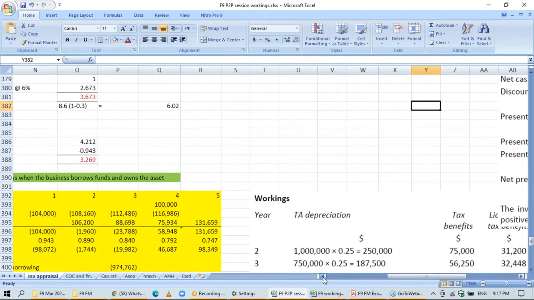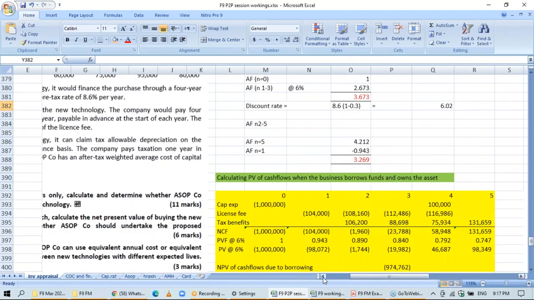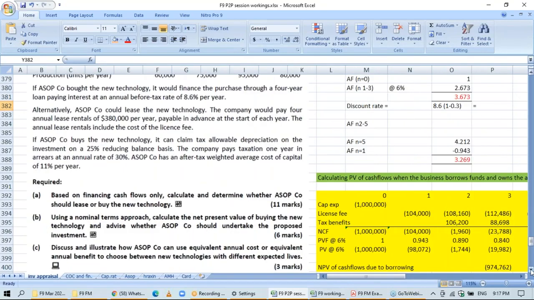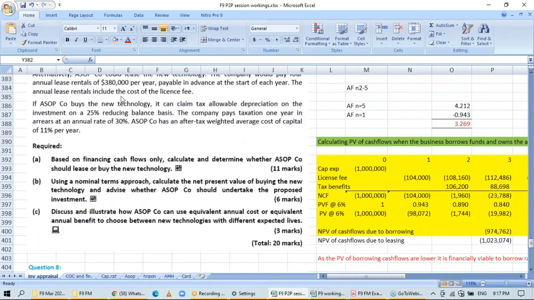Okay, students. So moving on to the last part of this question: discuss and illustrate how ASOP can use equivalent annual cost or equivalent annual benefits to choose between the new technologies with different expected life.